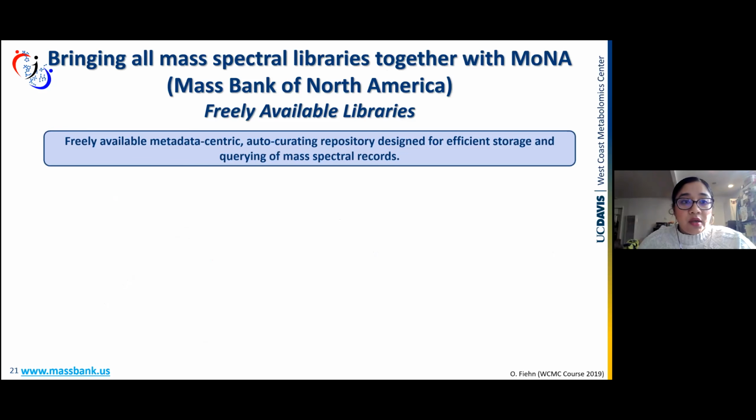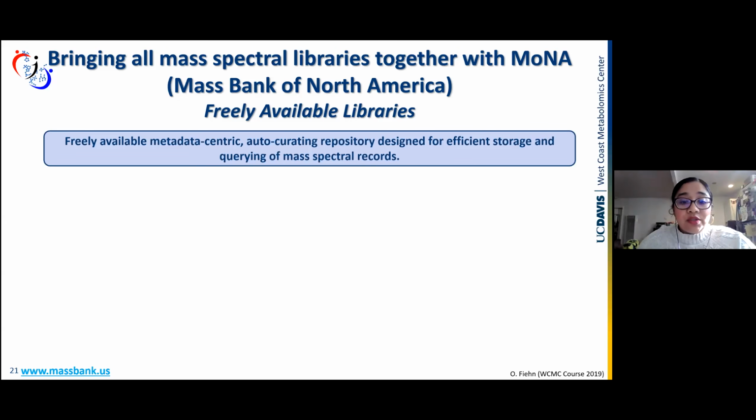Okay, so moving on. Now I want to talk about MONA. MONA is the MassBank of North America. It's a freely available, metadata-centric, auto-curating repository designed for efficient storage of mass spectral records. This is a library, or really a database, that's developed here at the Fiehn Lab.